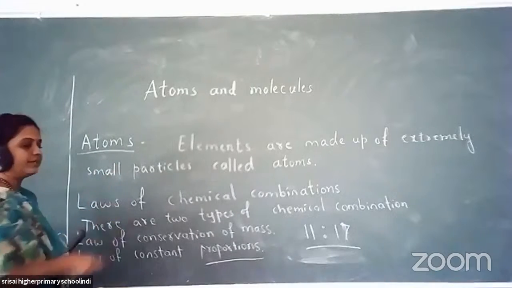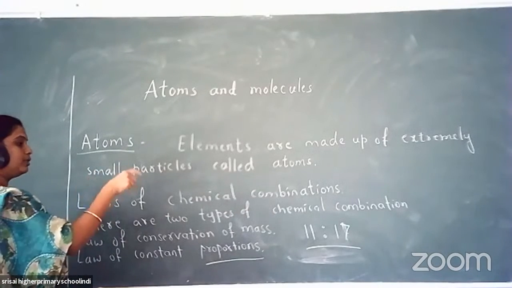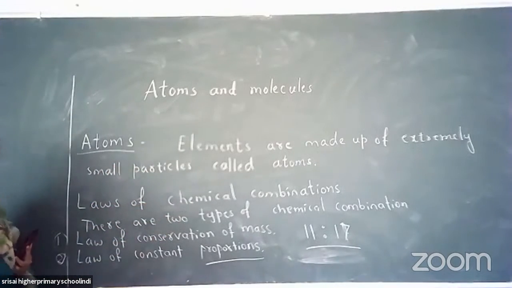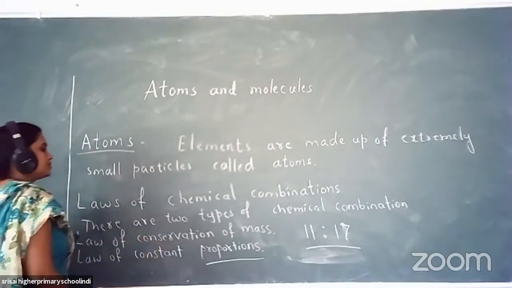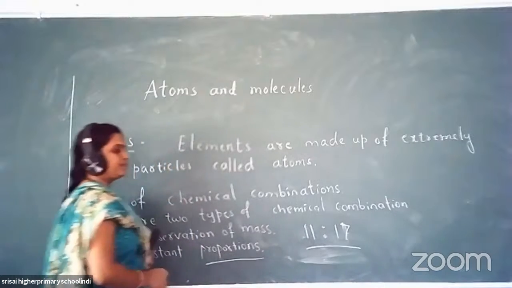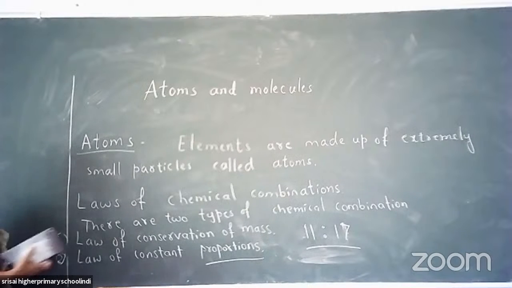It will be constant everywhere. So wherever you get sodium chloride, it is the constant proportion. The law of constant proportion says that H2O, sodium chloride and water ratio will be constant. It will not change in any water body. Wherever you get the water, the ratio will be the same. It is constant. Completed this?